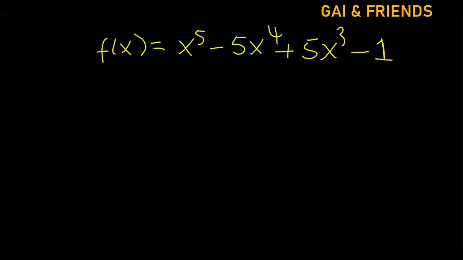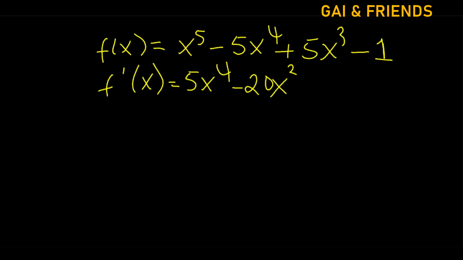We need to find the first derivative. The first derivative, f prime of x, will be 5x to the 4th minus 20x to the 3rd plus 15x squared, and this constant here is going to be 0, so we are going to leave it out.